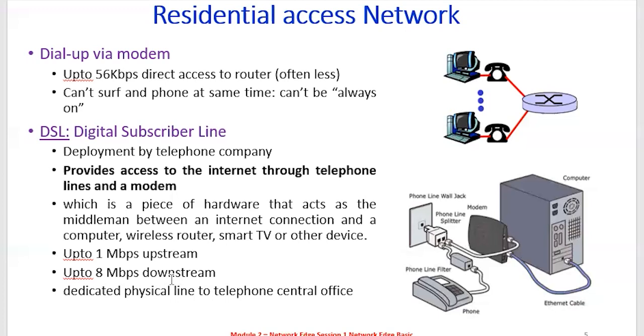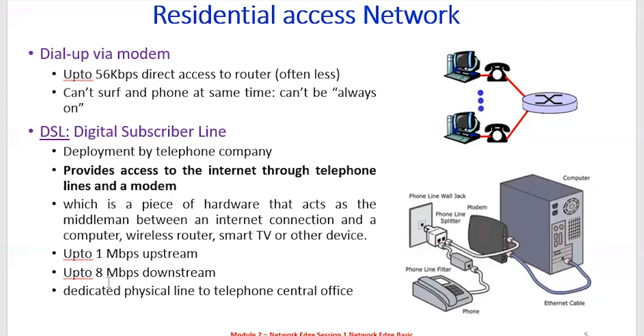That is downstream. So the uplink data or upstream data rate that can be offered by DSL is up to 1 megabits per second. Whereas the downstream it is 8 megabits per second. So these are all standard values. But as I said in the earlier discussion, realizing 1 Mbps or 8 Mbps in real-time mode will not be possible.